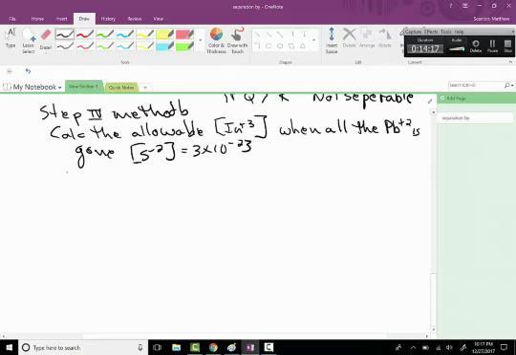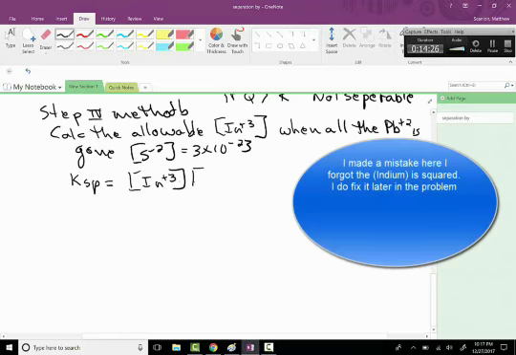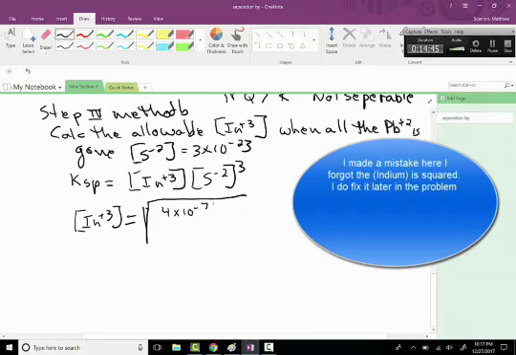So the KSP for this, KSP is equal to the concentration of indium plus 3 squared times concentration of sulfide minus 2 cubed. And so the concentration of indium plus 3 is going to be equal to the square root of the KSP, 4 times 10 to the minus 70th, divided by the sulfide concentration.